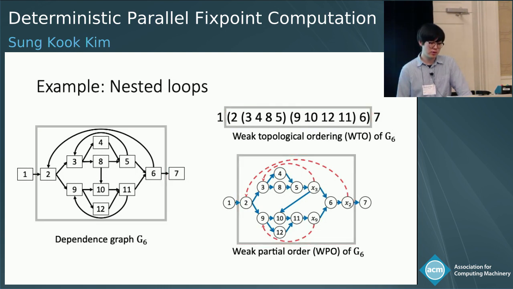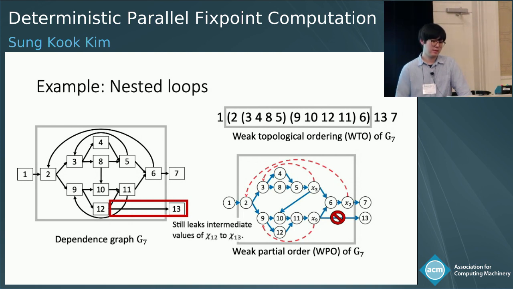Now, an interesting situation is when you add this node and the edge. You would put 13 in the right place for the WTO, and for WPO, from the previous lessons, one might add a constraint from exit 9 to 13. But this, again, causes non-determinism, because it still leaks the intermediate values of 12 to 13.